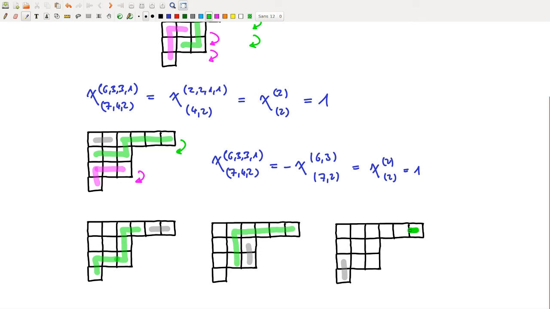And here we have 1, 2, 3, 4, 5, 6. Ah, nonsense. That was not a skew hook here, the one at the end. After removing what I suggested, we don't get a diagram. So what we really wanted to remove here, the skew hook of length 2, was this one.